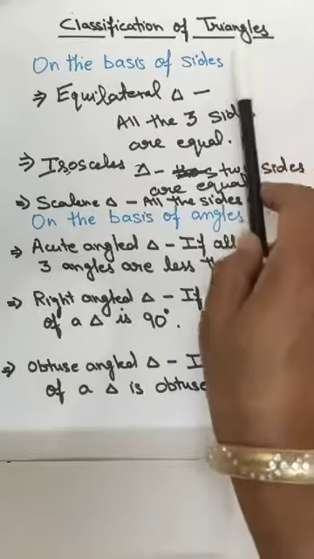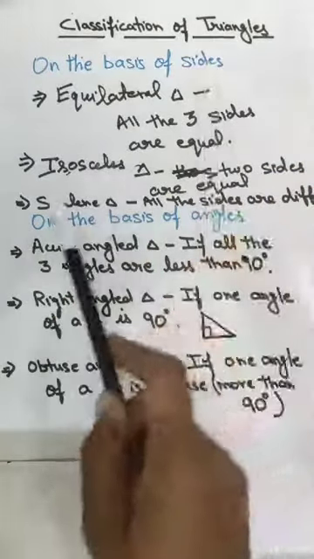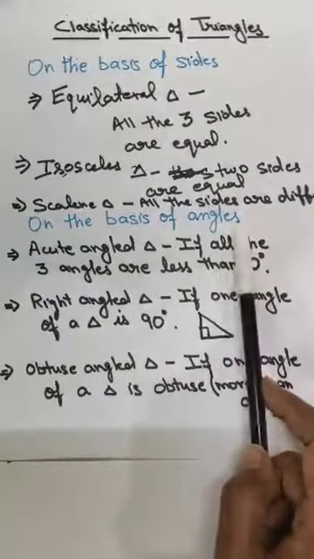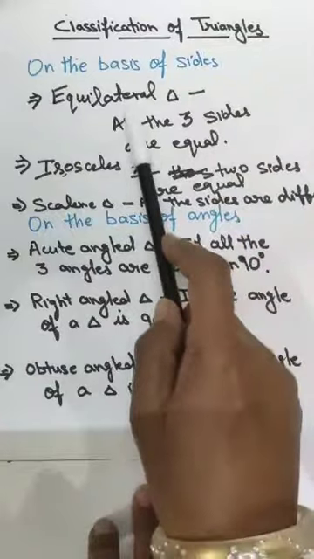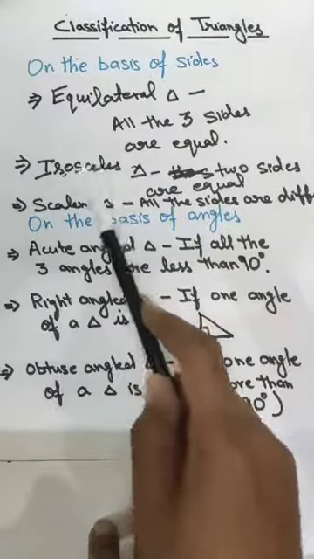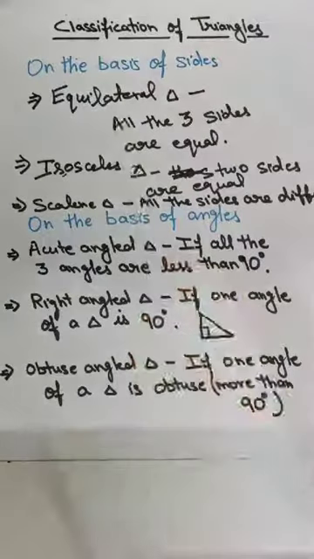Triangles can be classified into two, on the basis of sides and on the basis of angles. On the basis of sides, we can classify as equilateral triangle, isosceles triangle, scalene triangle. Equilateral triangle is a triangle whose all the three sides are equal. Isosceles triangle is a triangle whose two sides are equal.